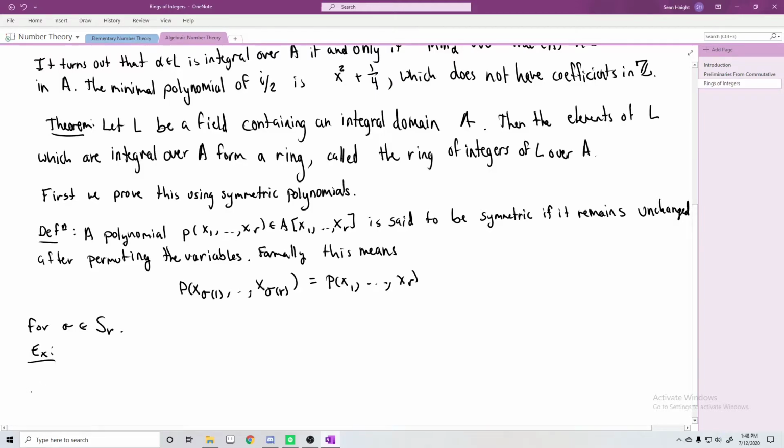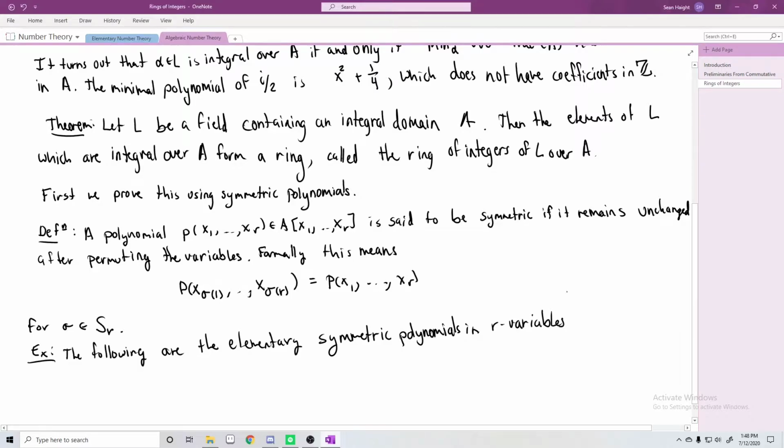Okay, there's kind of an important family of symmetric polynomials. These are called the elementary symmetric polynomials. So the following are the elementary symmetric polynomials in r variables.